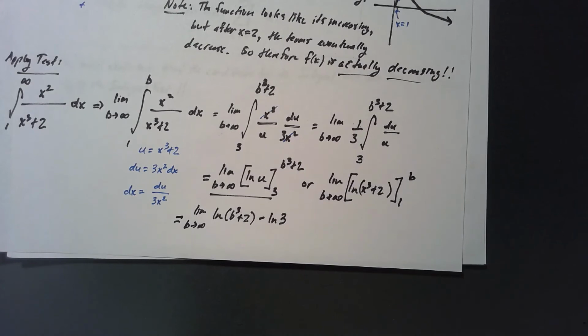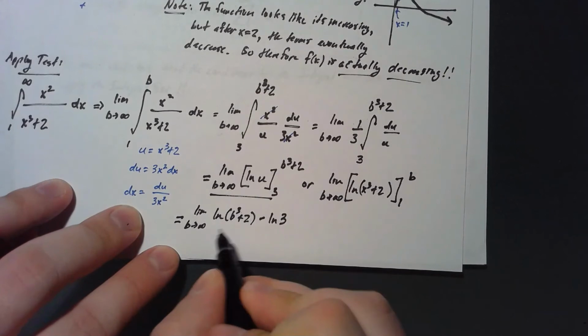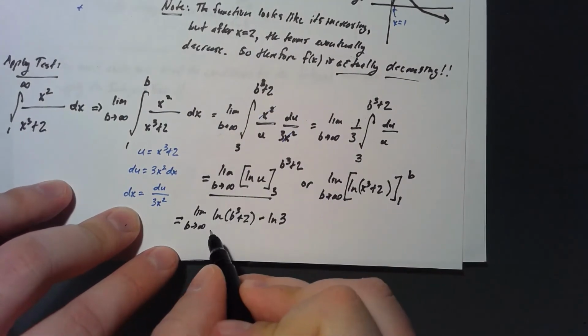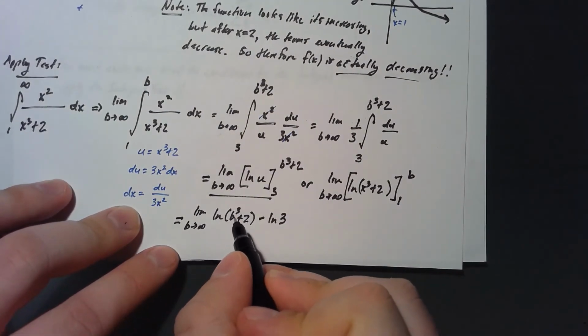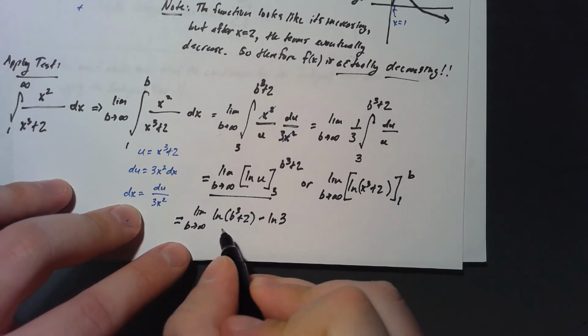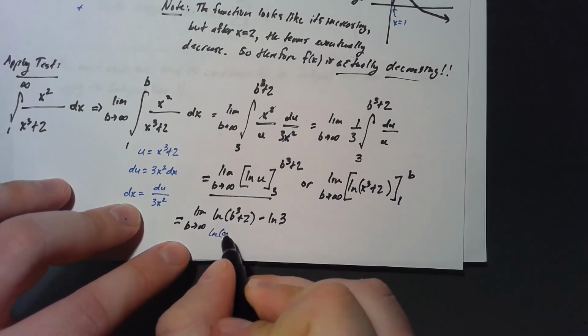So if I take the limit here, what's this going to go to? Well, b is going to infinity, so infinity cubed is still infinity. Infinity plus 2 is infinity. So I'm going to have the natural log of infinity. What does that go to?